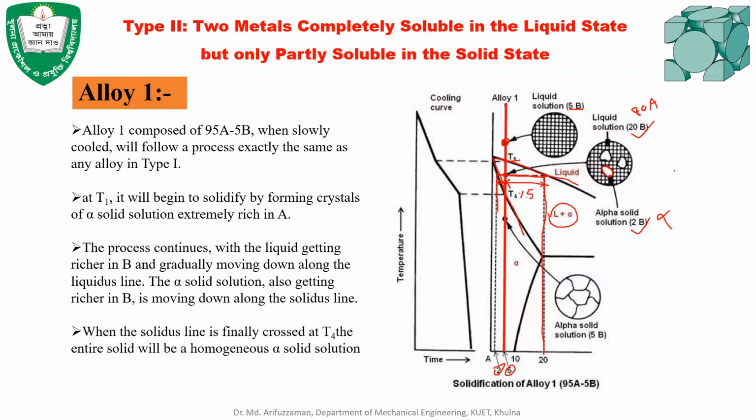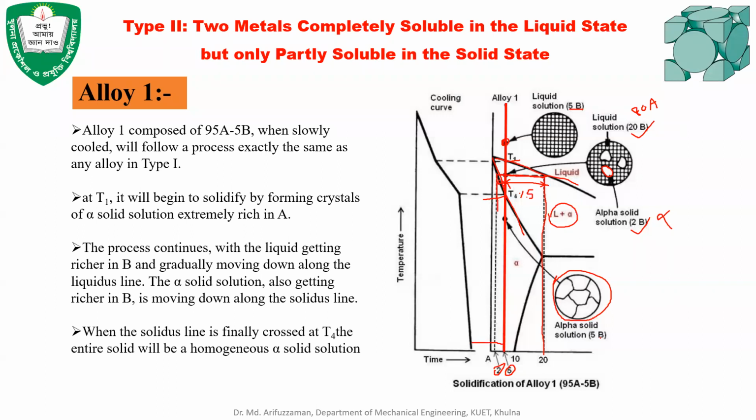Okay, any confusion in here? It is similar to type 1 diagram. All right. So when the temperature drops more, then more and more solid is produced. And when the temperature drops below this line, then there will be 100% solid. From this point to room temperature, the composition of the solid will be the same.